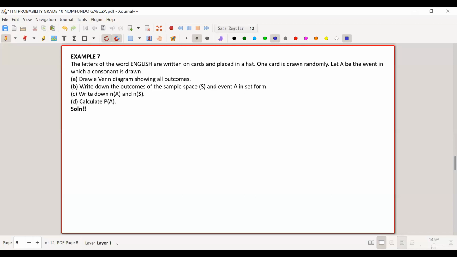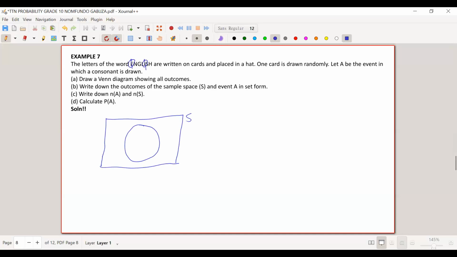This is our sample space. We are looking for the outcome. The letters of the word English are written. We are looking for the consonants, so this is out since it is not a consonant, and this is out.